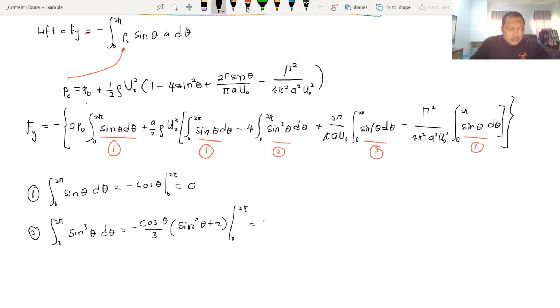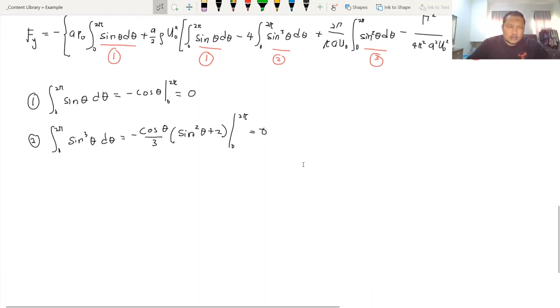Then again, we got a 0 here. All right. We know that cos 0 is equal to 1, and cos 2 pi is also equal to 1. That's why this one is equal to 0. And then this one again, sine 0, of course, is 0. But this one again, if you substitute here and here, you got minus 2 over 3 plus 2 over 3. Then at the end of the day, you also get 0.